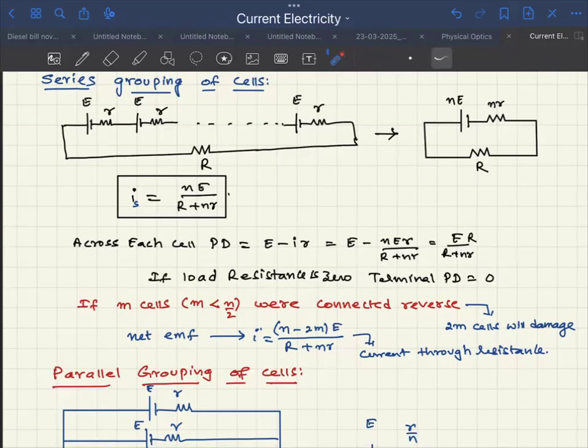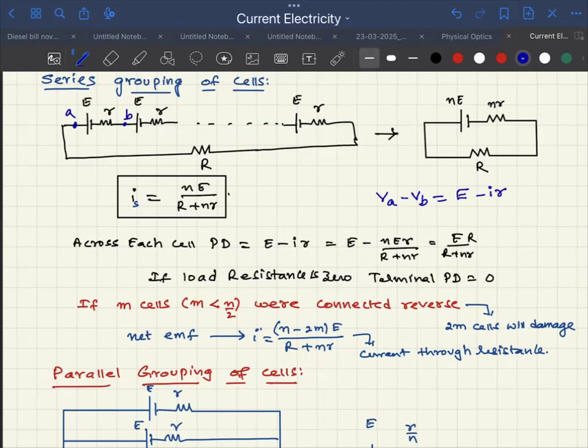Fine. Now you take each cell. One such cell. Let us take A, B for example. What is VA minus VB? Simply E minus Ir. Already I have given you the basics. When the battery is discharging, the terminal PD is given as E minus Ir.